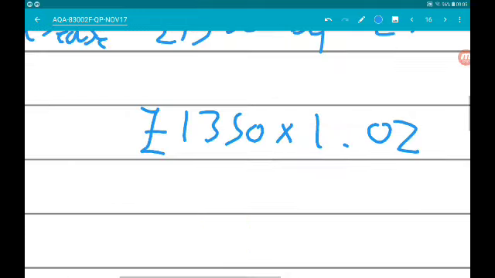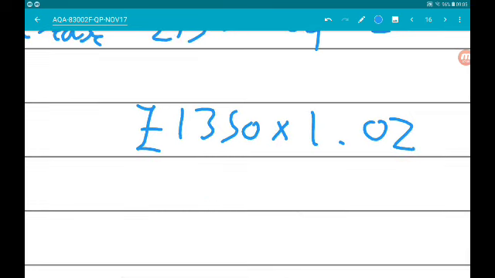So I'm going to use this method. So we are going to get 1,377 pounds.